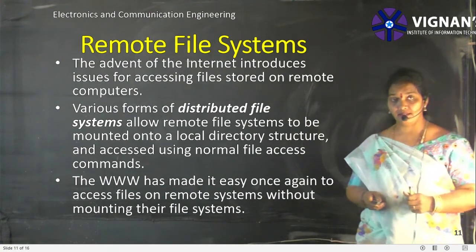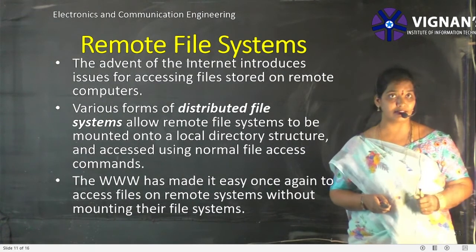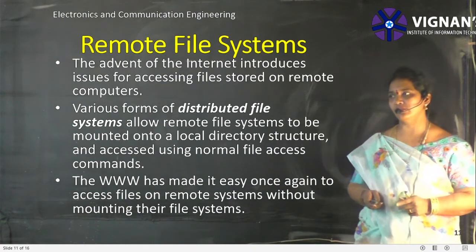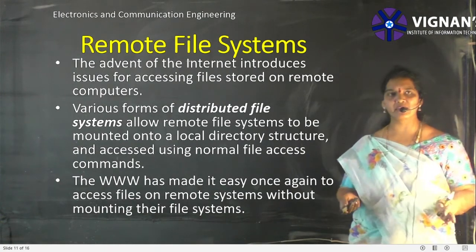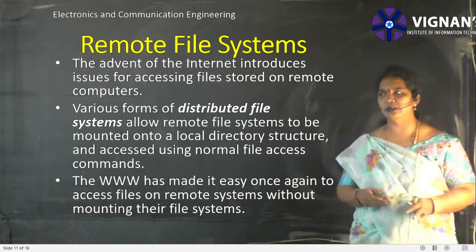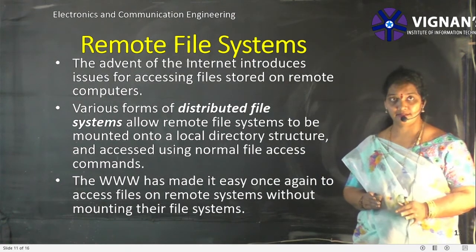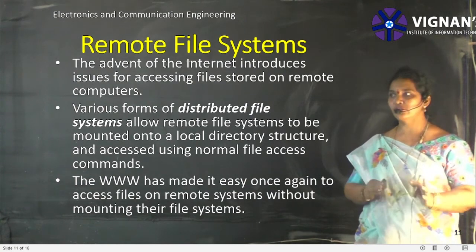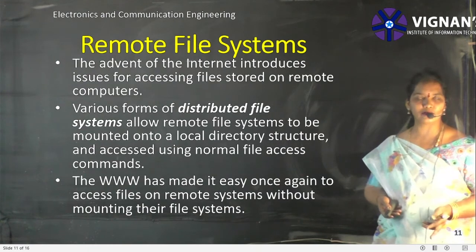After the network file system, we concentrate on remote file systems. In a remote file system, you have a server at one place and clients at another place. The advent of the internet introduced issues of file sharing stored on remote computers.